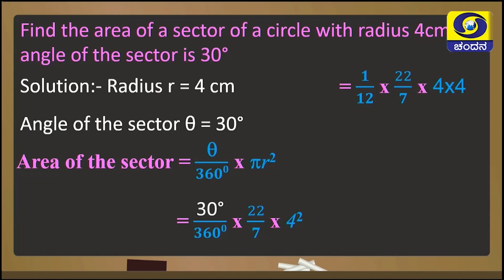If we simplify this ratio, we get 1 by 12 into 22 by 7 into 4 into 4. 4 3s are 12, 1 4 cancels. We have 1 by 3 into 22 by 7 into 4. Now, if you multiply 22 and 4, it is 88. If you multiply the numbers in the denominator 3 and 7, it is 21. After simplification, you got the answer as 4.19 centimeter square.